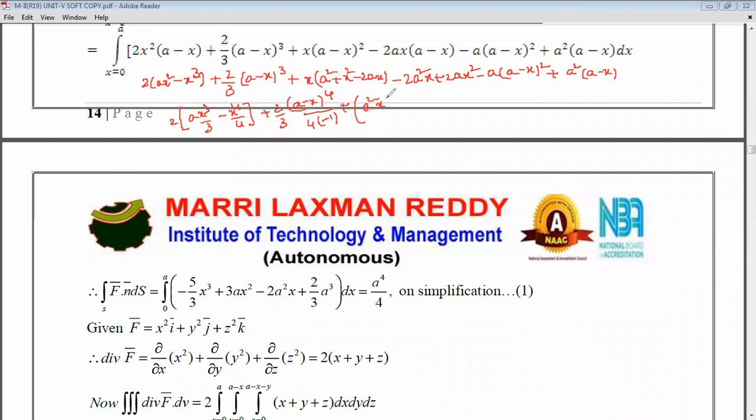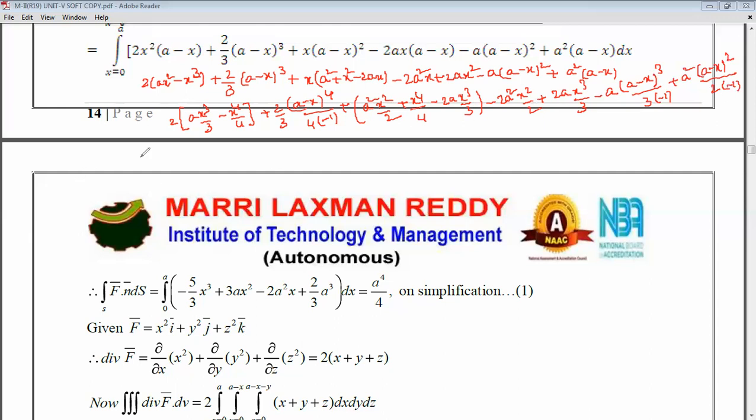If you multiply x, here will come x square by 2 plus x cube, nothing but x power 4 by 4, minus 2a into x square, nothing but x cube by 3, and here it is having minus 2a square into x square by 2 plus 2a into x square integration, x cube by 3, minus a into the integration of a minus x whole square, a minus x whole cube by 3 and minus 1, plus a square into a minus x whole square by 2 and into minus 1.